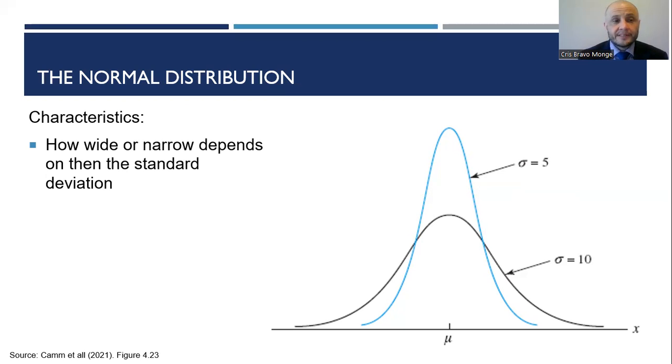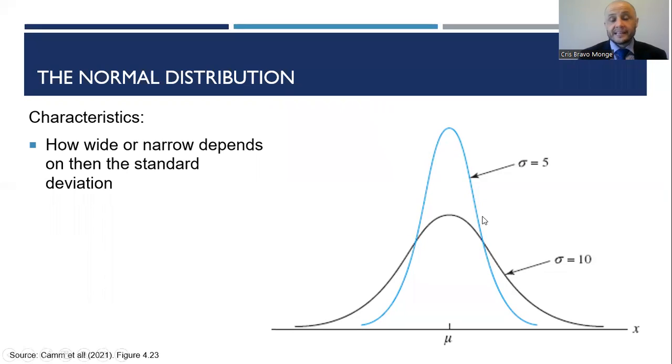Another important characteristic is that the normal distribution will always look like a bell, but sometimes it will be taller or shorter. And how wide or narrow will depend on the standard deviation only. In this case, these two normal distributions have the same mean, but their standard deviation is different.